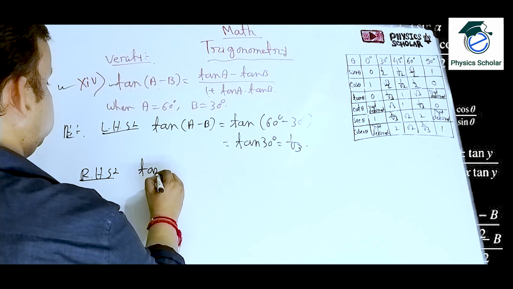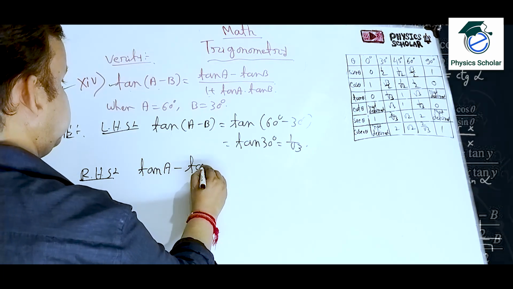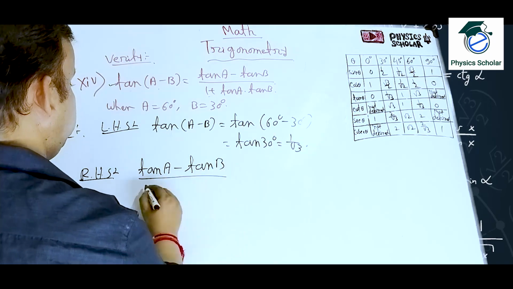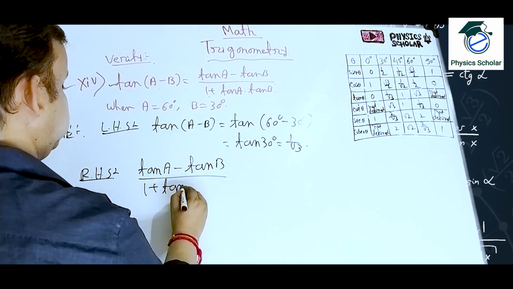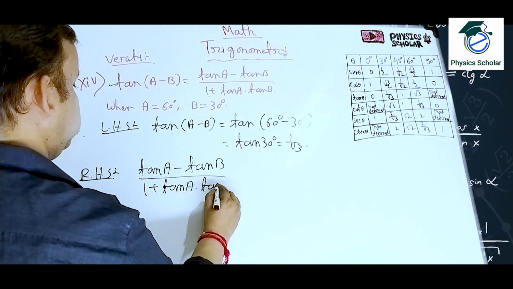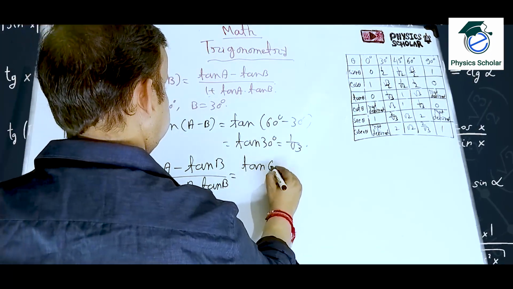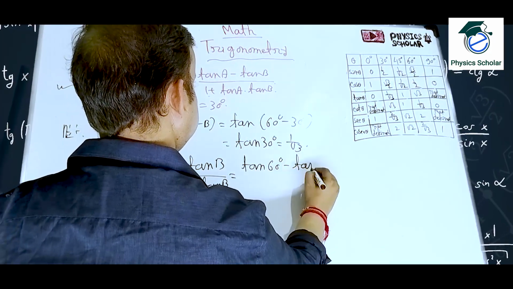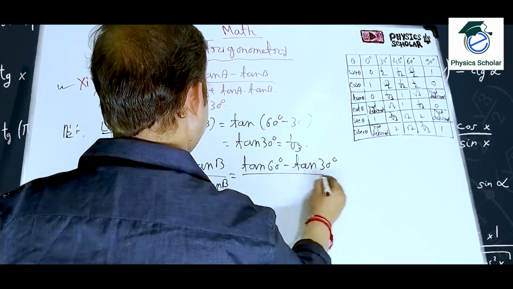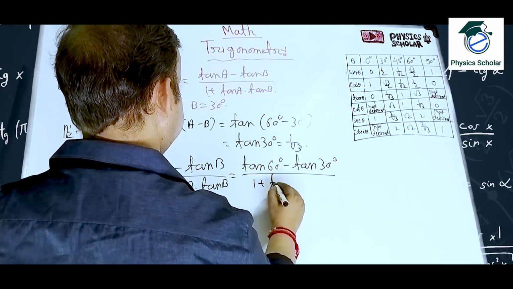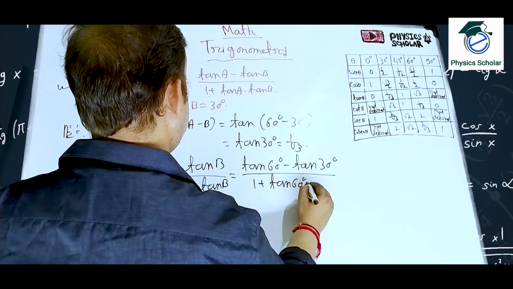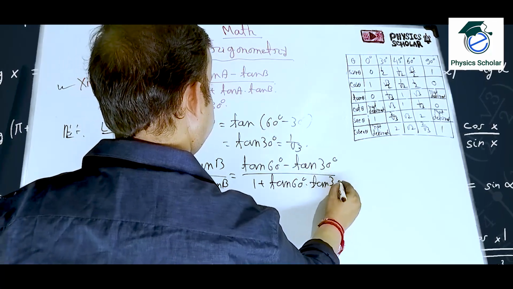Tan a minus tan b divided by 1 plus tan a into tan b is equal to tan 60 degree minus tan 30 degree. We are putting the value, 1 plus tan 60 into tan 30 degree.